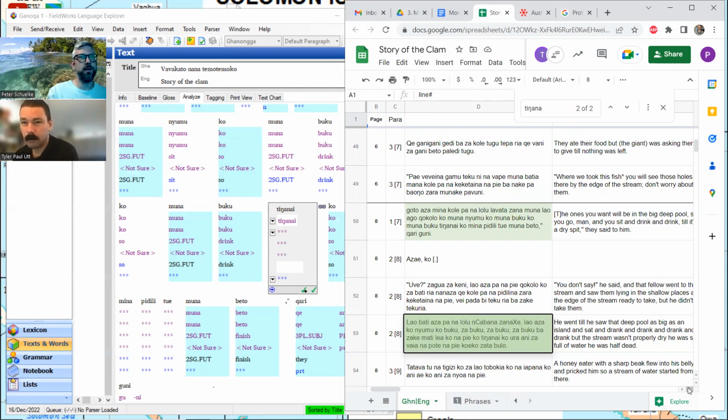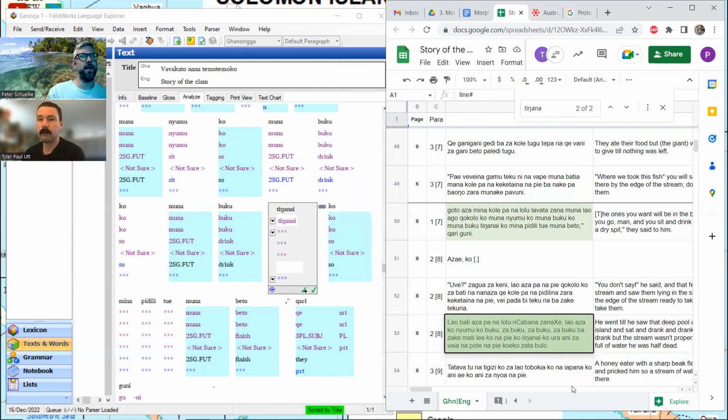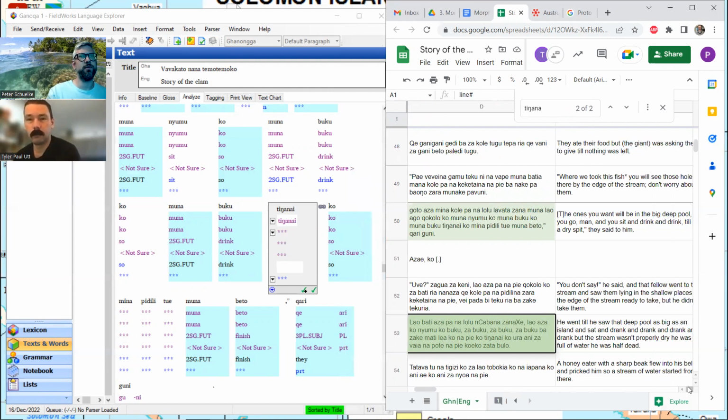Do we get something right before we get Tinganai? Zake Matilea looks like wasn't properly dry. Would we get Mati here at all in our Flex file? Well, not really. I'm holding out on Tinganai, but we're going to have to start making a guess eventually. Do you have a guess for what the word spit is in this one that's present in Flex?